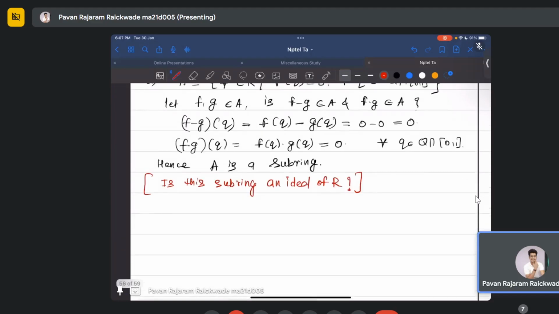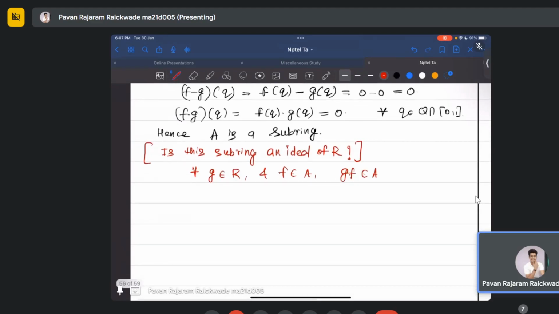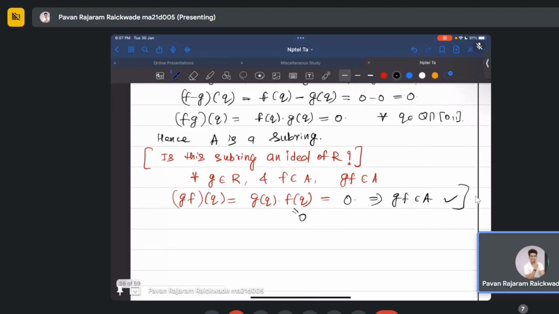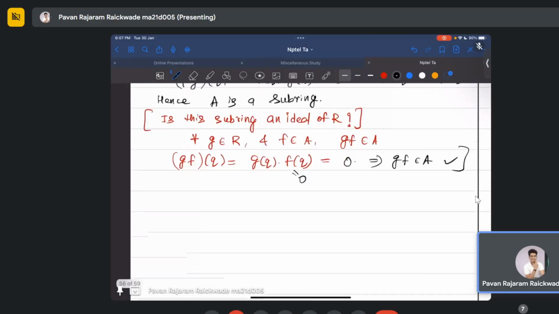You have the extra property that for any g in R and f in this set A, you need gf to belong to A, right? That is true. You take any rational number q, what is gf at q? It is g at q times f at q. It doesn't matter what g at q is, you know f at q is 0. It implies the product is 0, which implies gf belongs to A. So the answer is yes, this is also an ideal of R. Okay.